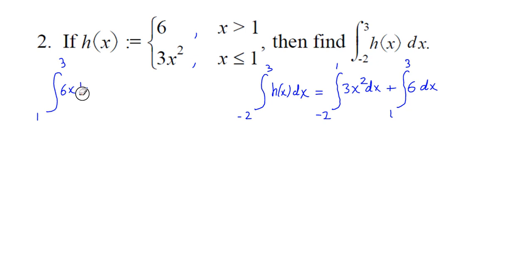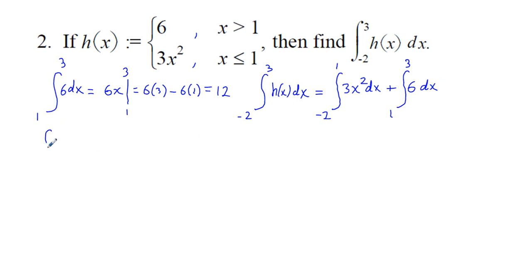For that, we get 6x evaluated between 1 and 3, and that's going to be equal to 6 times 3 minus 6 times 1. So that's going to be equal to 12. Okay, so this piece over here on the right, the integral from 1 to 3 of 6 dx, is 12.